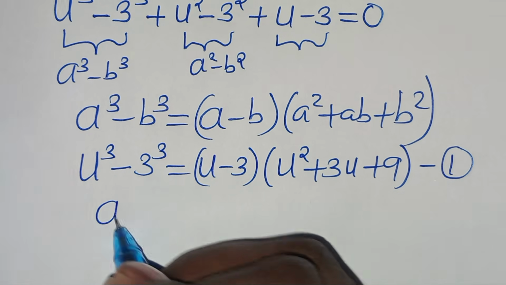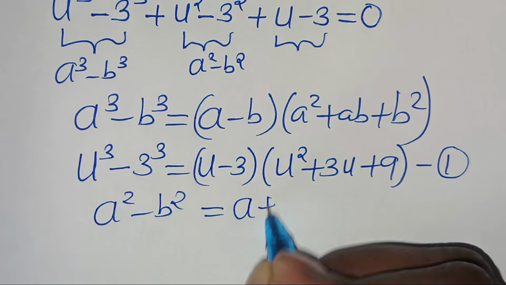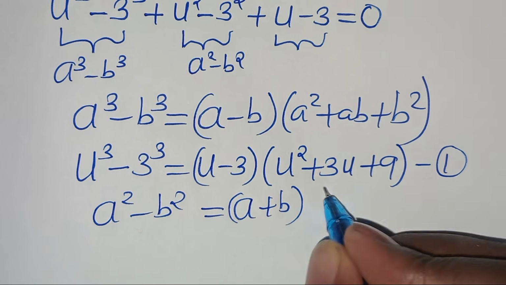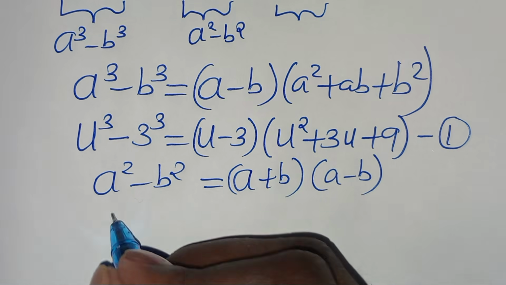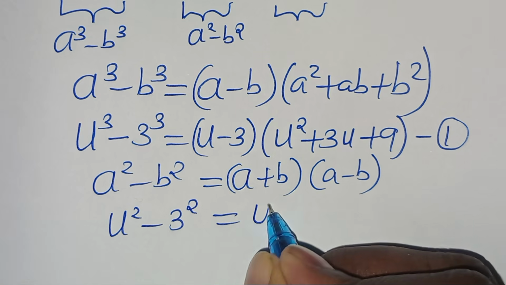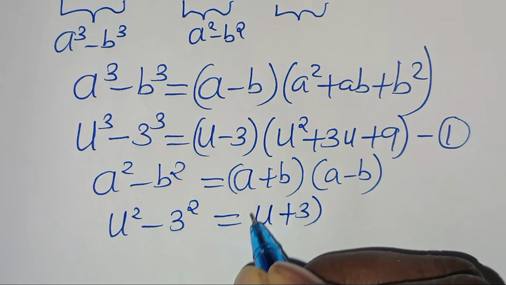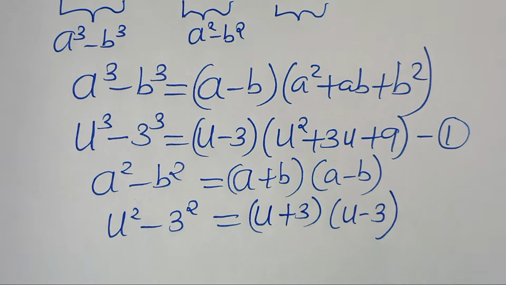Then we have a squared minus b squared, which we can express as a plus b multiplied by a subtract b. Now this means we have u squared minus 3 squared, which can be expressed as u plus 3 multiplied by u subtract 3.